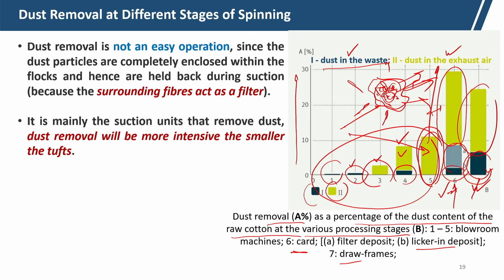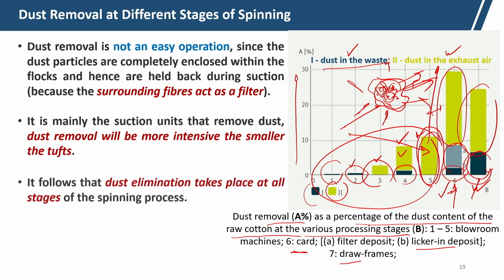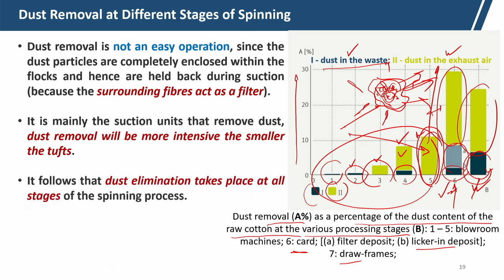So, dust removal will be more intensive the smaller the tuft. When the tufts become smaller, dust removal will be more. It follows that dust elimination takes place at all stages, either through the waste or through the exhaust air, but in all the processes, even in ring spinning, dust removal always takes place.